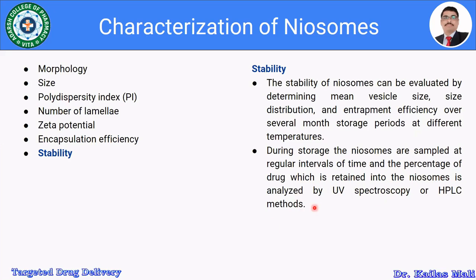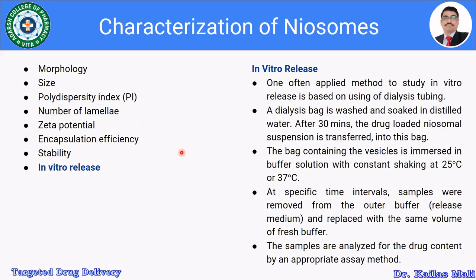These are a few methods which are used to characterize the Niosome. Apart from these methods, there are several other techniques which are widely used to characterize and evaluate the Niosome. So we have discussed the morphology, size, polydispersity index, number of lamella, Zeta potential, encapsulation efficiency, and stability. Let us move towards the drug release.